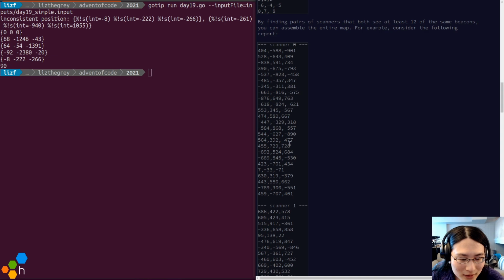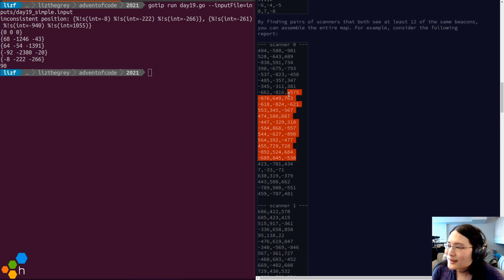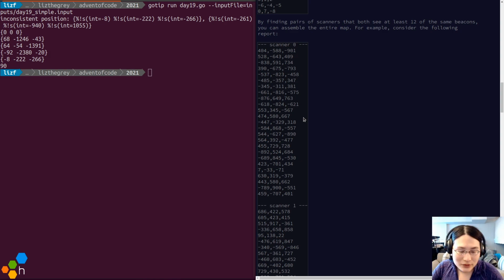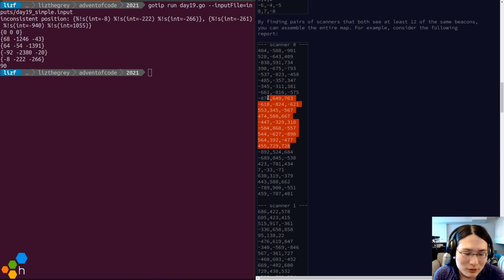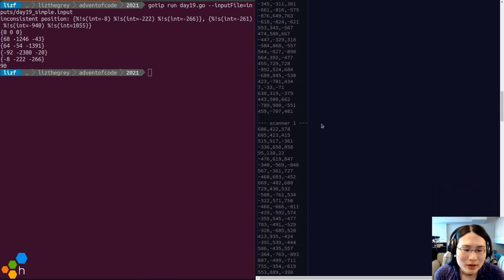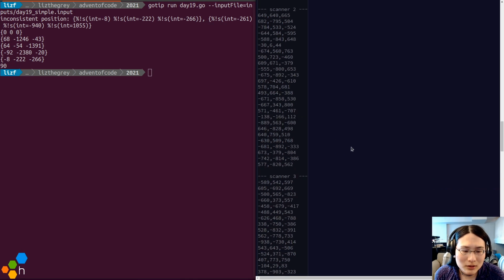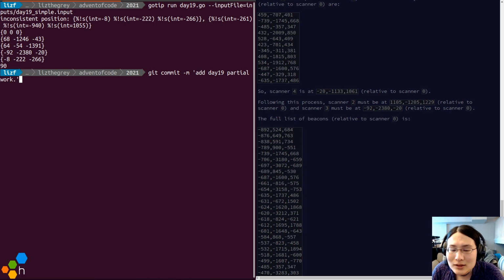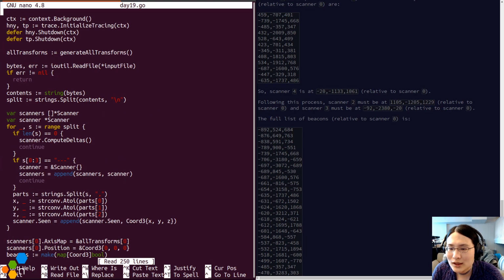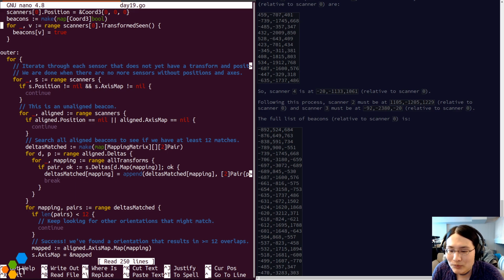But the way that you identify points that are the same between two different probes is if the deltas between two different points are the same, then you know that they are potentially unique points. So I realized that I had one potential bug here that could result in incorrect matching.